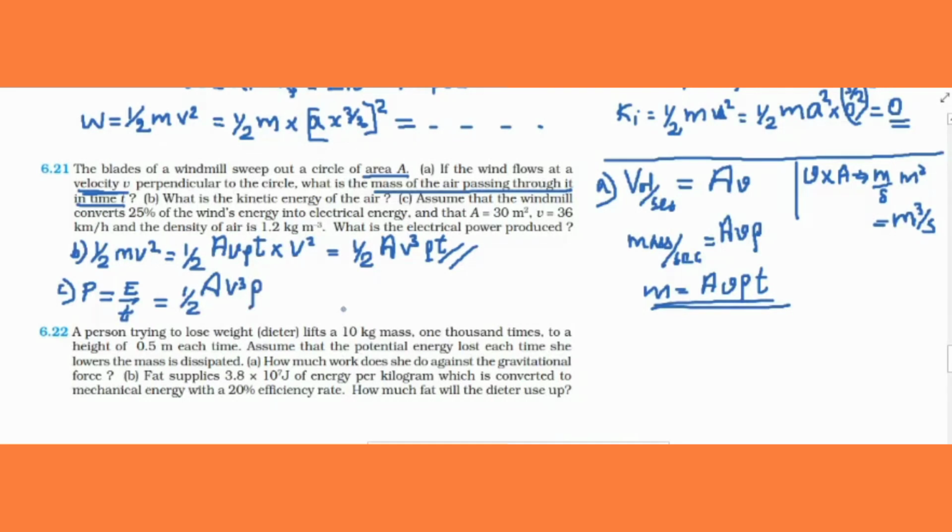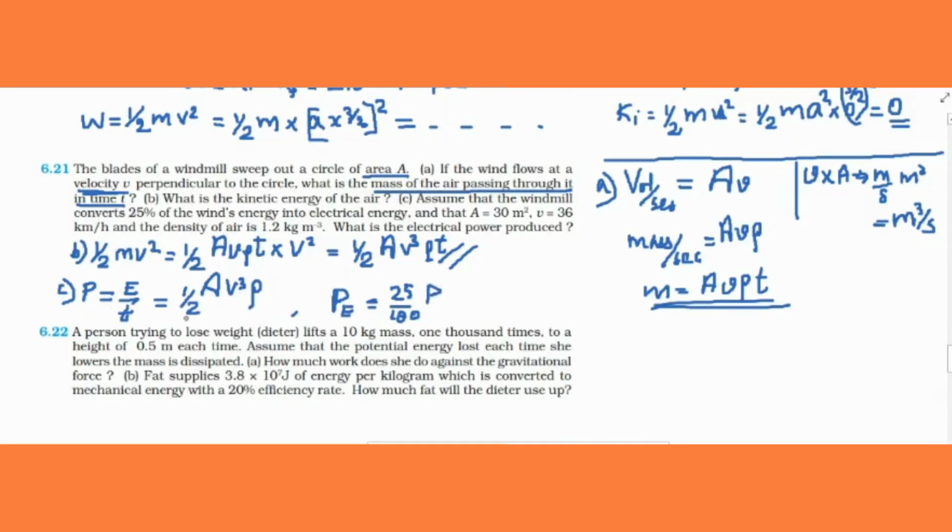Now this power is converted to electric power, but we know that only 25% is converted to electric power. Therefore, how much is the electric power produced? The electric power produced, P is equal to 25% of power of the wind.